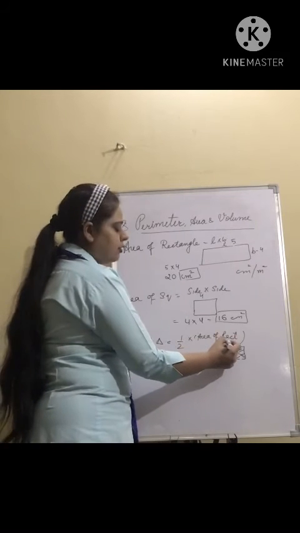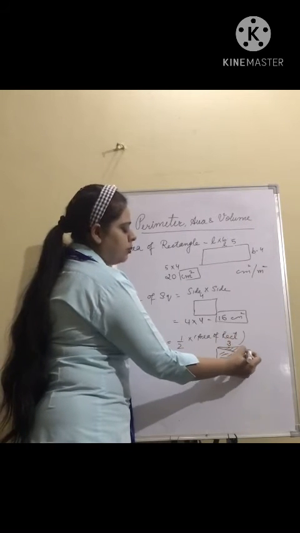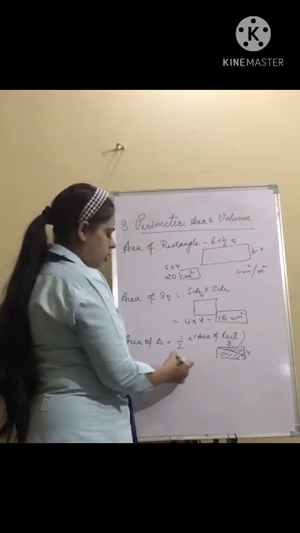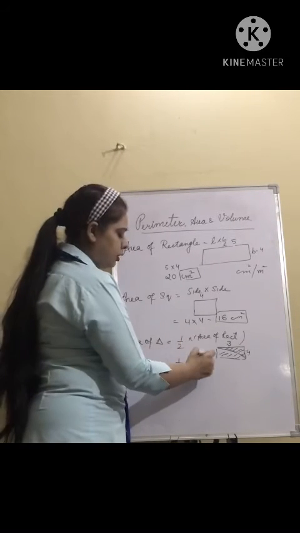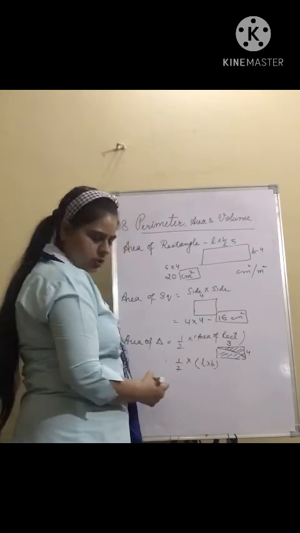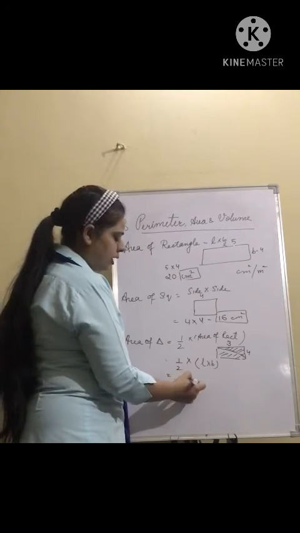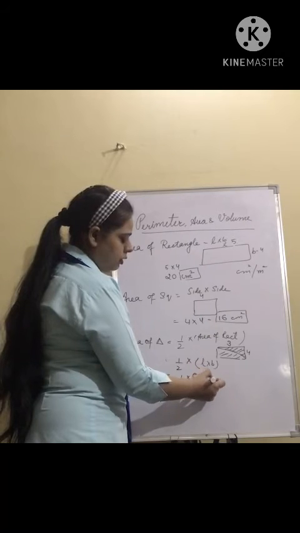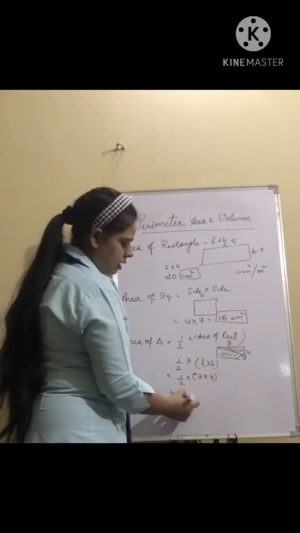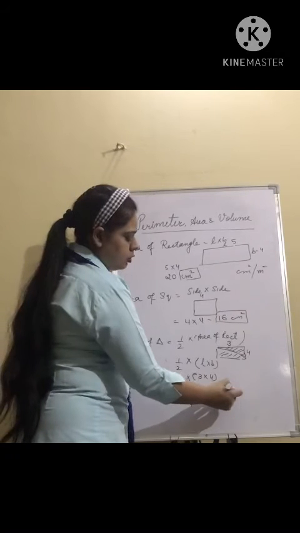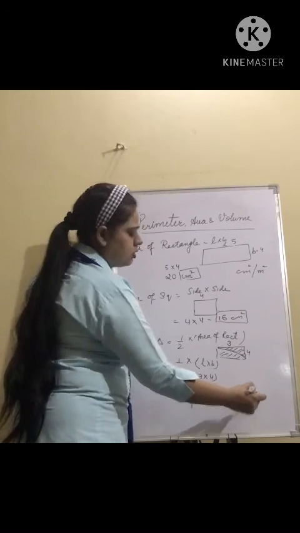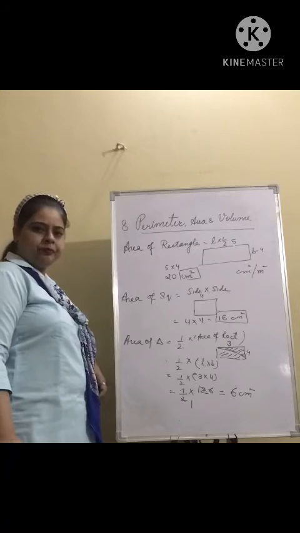Suppose the length is given to you 3 centimeter and breadth is given to you 4 centimeter. So half into area of rectangle, what is the formula of area of rectangle? Length into breadth. Yes. So what is the length into breadth? 3 into 4, 12. Half into 12. We will cut it: 2 ones are 2, 2 sixes are 12. So it is 6 centimeter square.